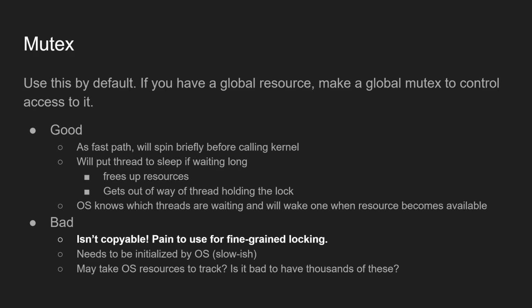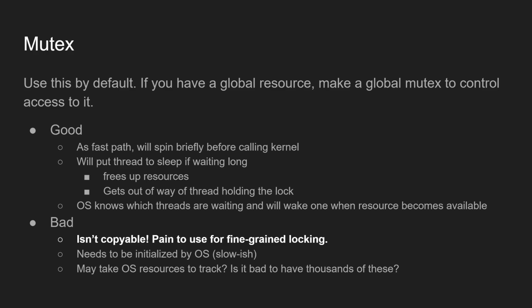Why would you not want to use one? Probably the biggest problem is that a mutex isn't easily copyable. It has operating system resources and needs operating system calls to create and destroy a mutex. And that doesn't work so well if you need fine-grained control over memory resources, like every element in an array.